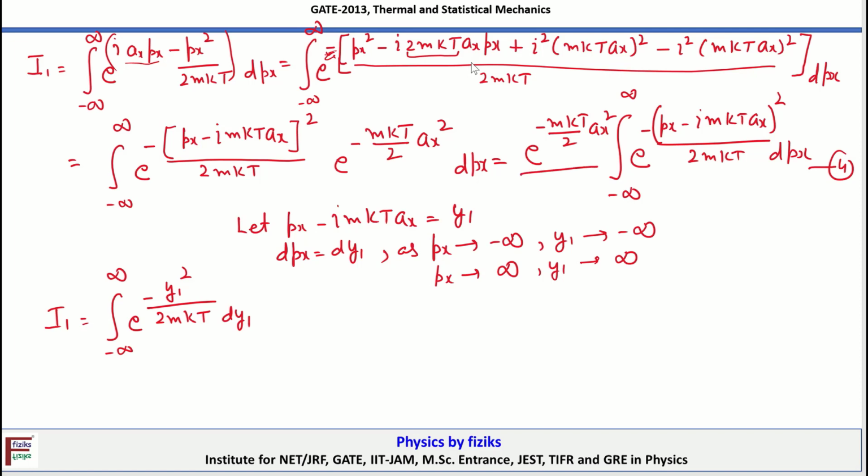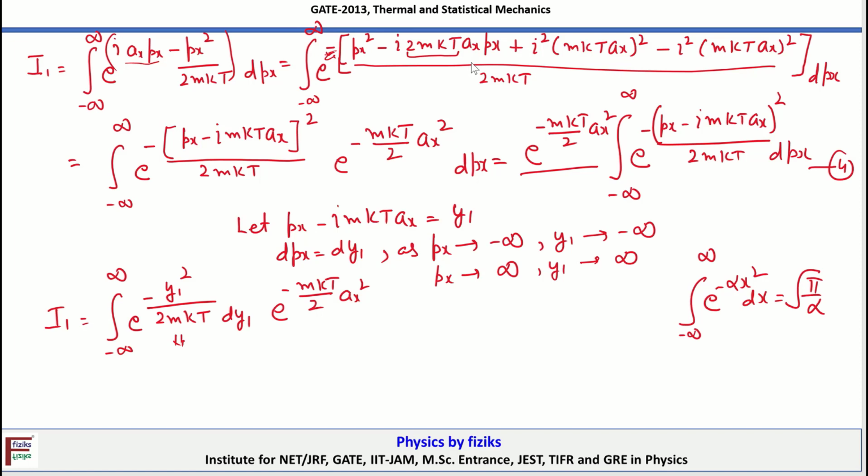Exponential minus mkT by 2 a_x². This is a constant quantity in principle. On this integral, we are going to make use of the standard integral: the integral from minus infinity to infinity of exponential minus alpha x² dx is equal to square root of pi by alpha.